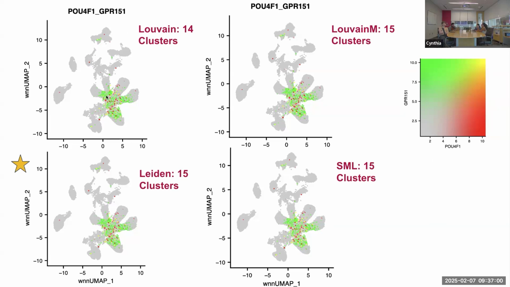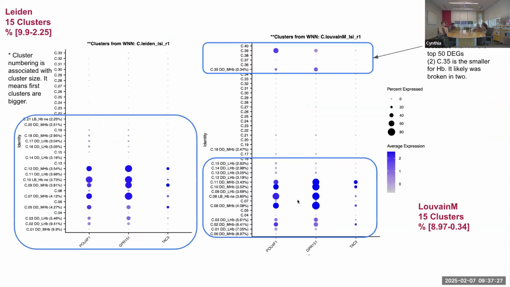The green represents GPR151, and the red represents PO4F1. You can see that most of the clusters are exactly where they are annotated in the UMAP, in the middle here, and we have a few more in 3 of these small clouds of information. So it's also very consistent, but it's not enough to see if there is expression there.